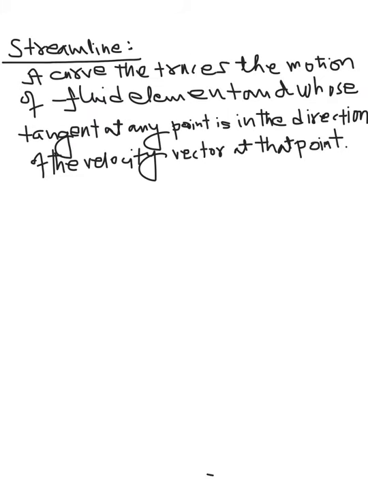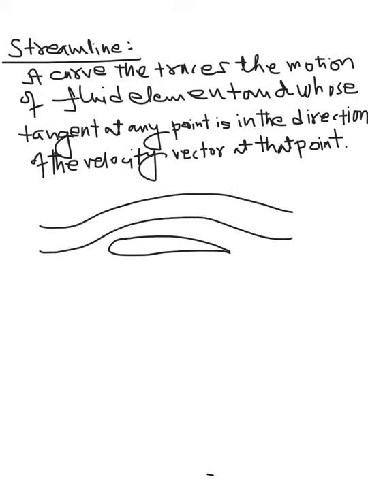In this regard, I would also like to explain another concept, which is a streamline. A streamline is a curve that traces the motion of the fluid element, but it is more vector oriented. For example, if I have an airfoil and fluid is flowing in that direction, each line is tracing the fluid motion.